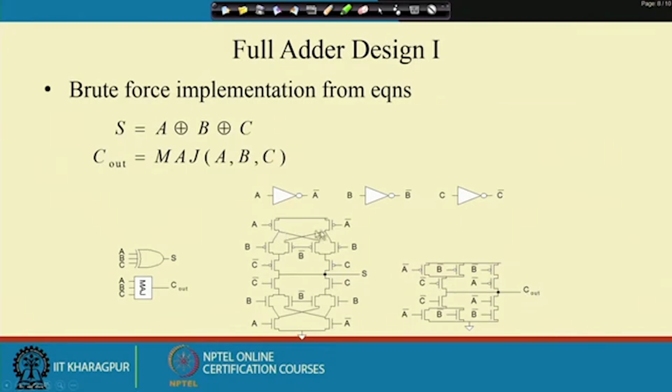Here you see how many transistors I require. For this particular expression, I need a two-input XOR gate.